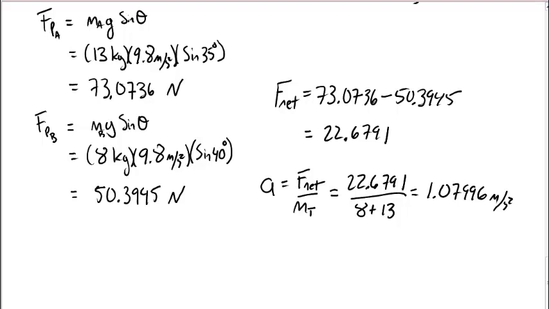So in this case, it's the 13 kilogram mass going down, pulling the 8 kilogram mass up. And that means our tension will be mass B that's being pulled up times our acceleration.